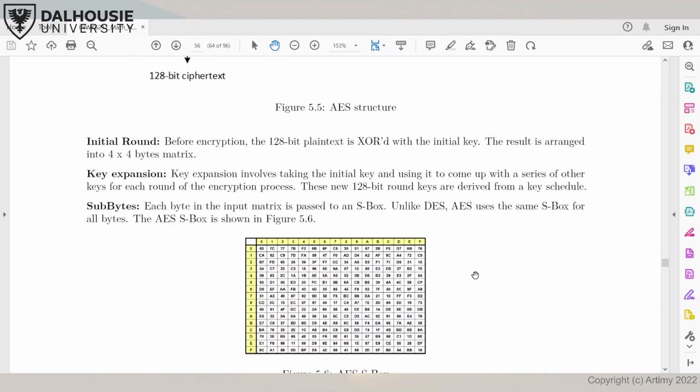So what happens in the initial round? Before encryption, the 128-bit plaintext is XORed with the initial key, and the result is arranged as a 4 by 4 bytes matrix.